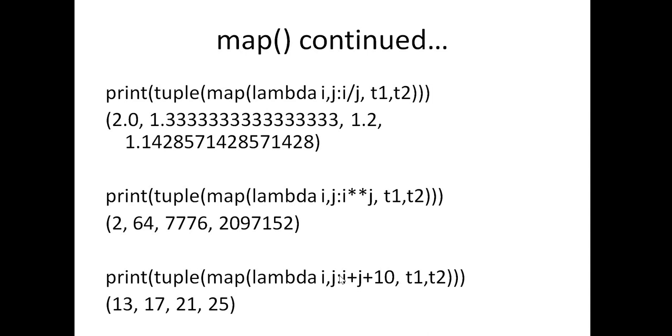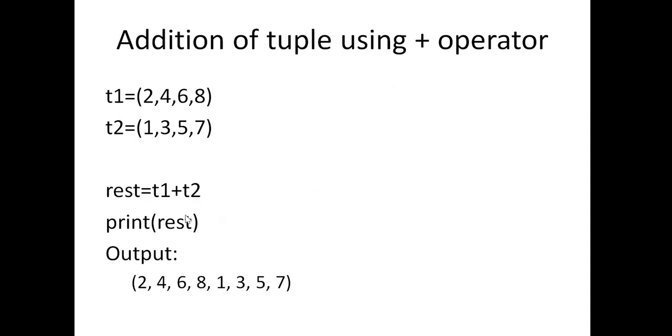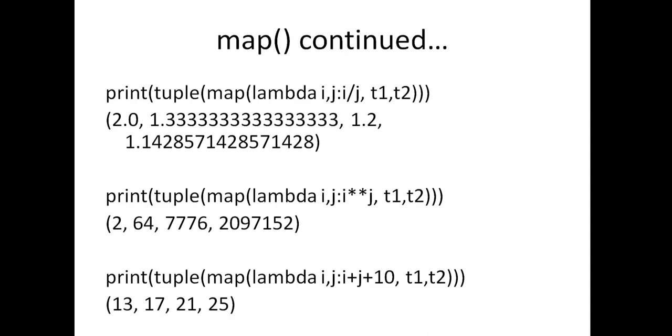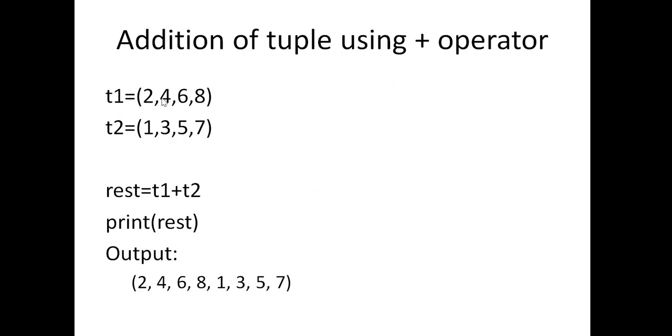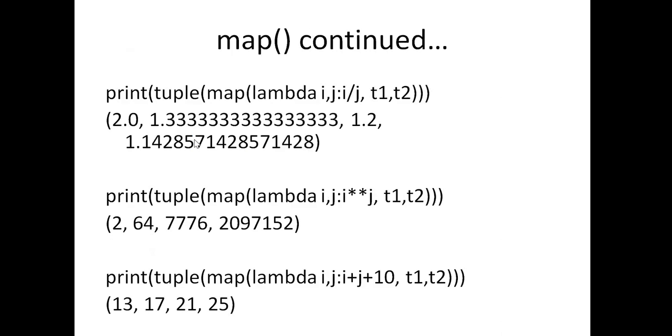The same way here we have another operation, we have added T1 of 1, T2 of 1, and we have added a value 10, and this is how we obtain an answer. So the tuples we have taken are T1 as 2, 4, 6, 8, and T2 as 1, 3, 5, 7. Taking this, we perform this lambda operation, map to another tuple and print it.